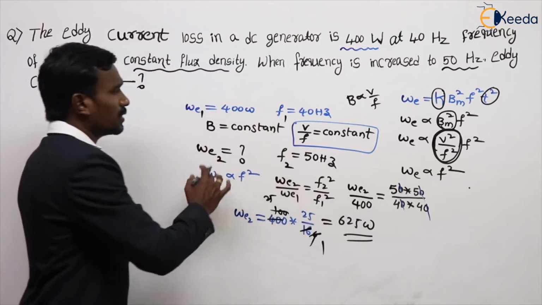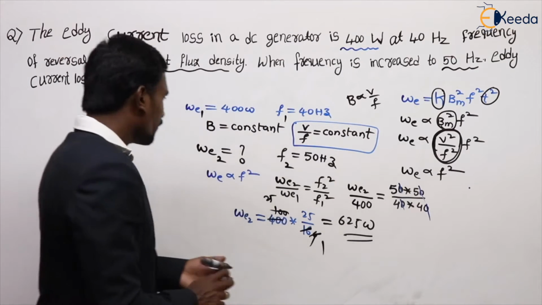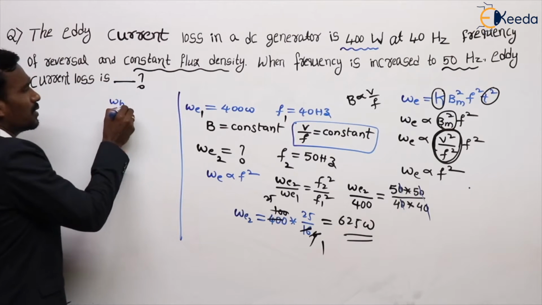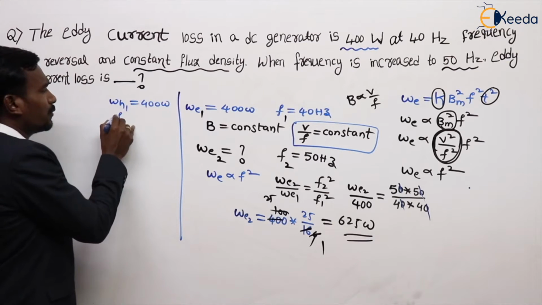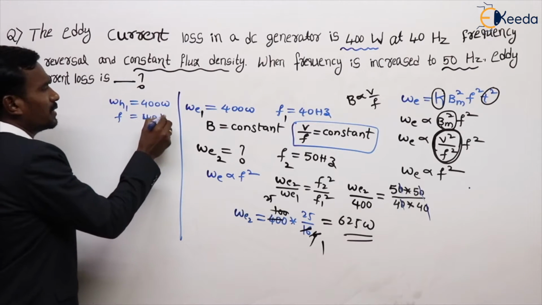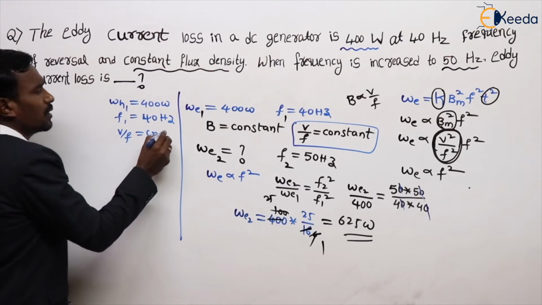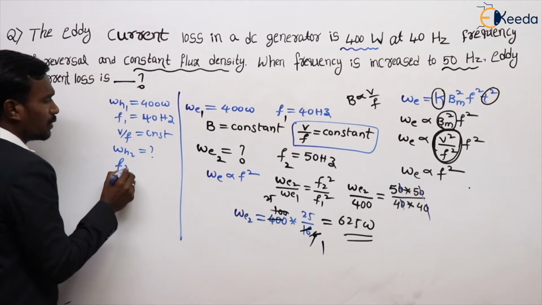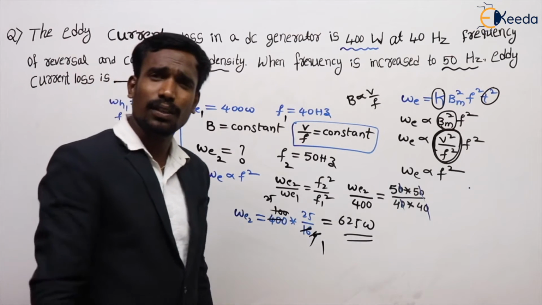This is the question on eddy current losses when V by F ratio is constant. If the same question is asked for hysteresis loss, WH1 equals 400 watts at 40 hertz and V by F ratio constant, then what is the hysteresis loss when my frequency is 50 hertz? If they ask like this, what is the formula?